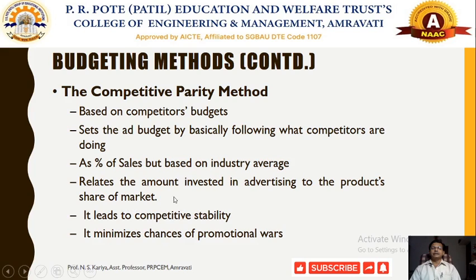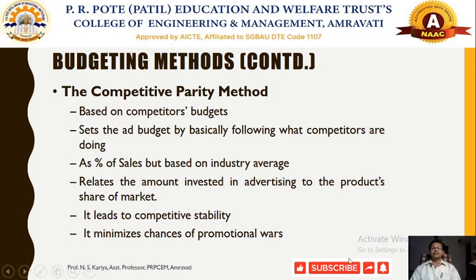So is it feasible for the company to invest to increase the advertising budget or not? Here the company will make an assessment, and if things fit, they will choose that much advertising budget by considering the competitive parity method. This will lead to competitive stability.